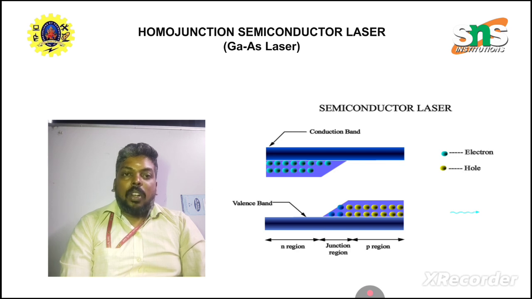Once electrons are excited into the conduction band, their number increases compared to the holes in the ground state, so the recombination process can occur. After population inversion is achieved, recombination takes place, and the electrons emit radiation as the high laser output.